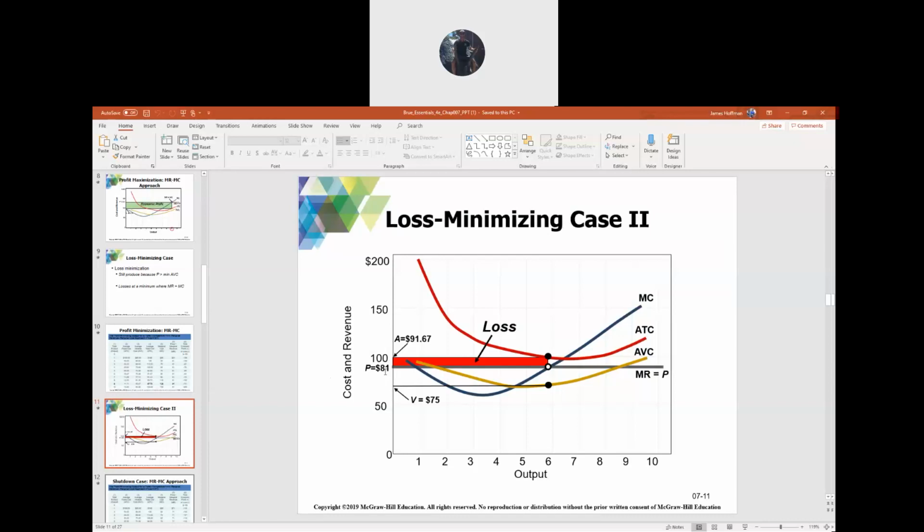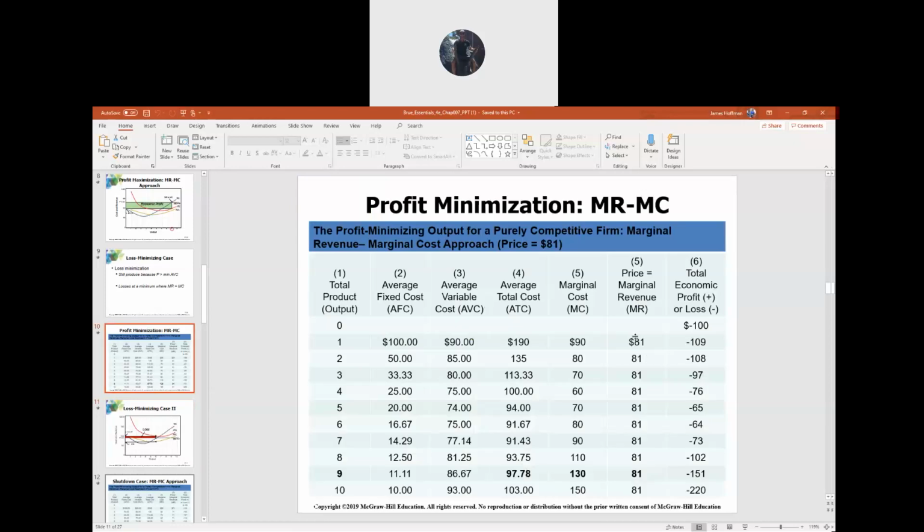Okay, this is a lower market price for this firm, but marginal revenue in pure competition or perfect competition is always the same. But look at the profit calculation. Remember, profit or loss is always revenue minus cost. And so here we go, 100, 109, 108, 107. These are all bad, but the best case is right there, right?